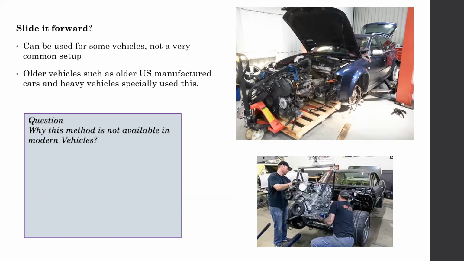So here, another such vehicle where you can actually slide the engine front without lifting is the older US manufactured vehicles, such as these Camaros. You might have heard of the Camaro or Mustangs. Those have something called a front clip, also front fenders, and the front fascia or the grill and everything is a separate section.